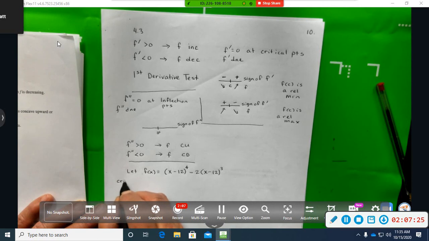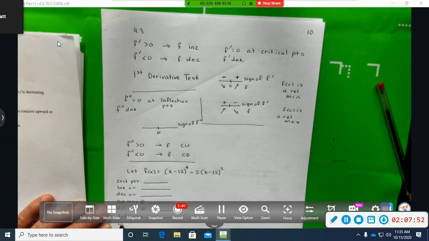Tell me what the critical points are, where it's increasing, where it's decreasing, where the relative max is, where the relative min is, and give me the inflection points.